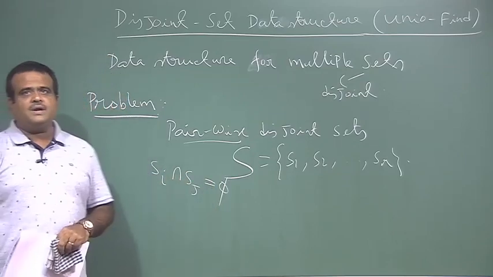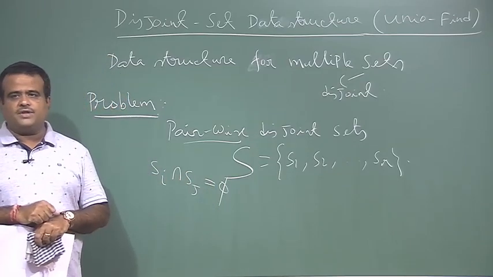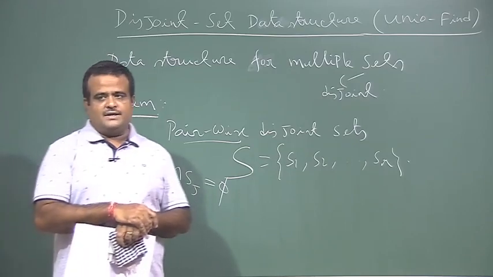So, there is no element common to them. So, these sets are disjoint.